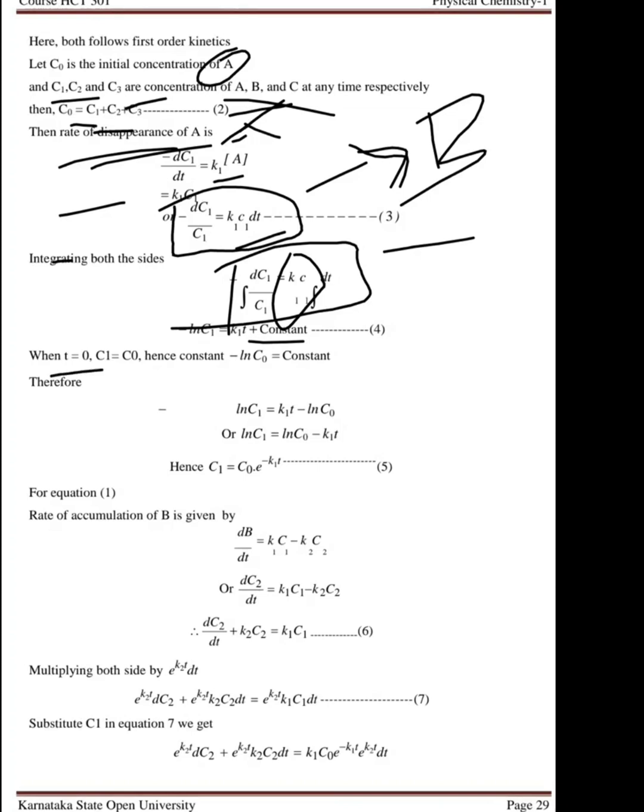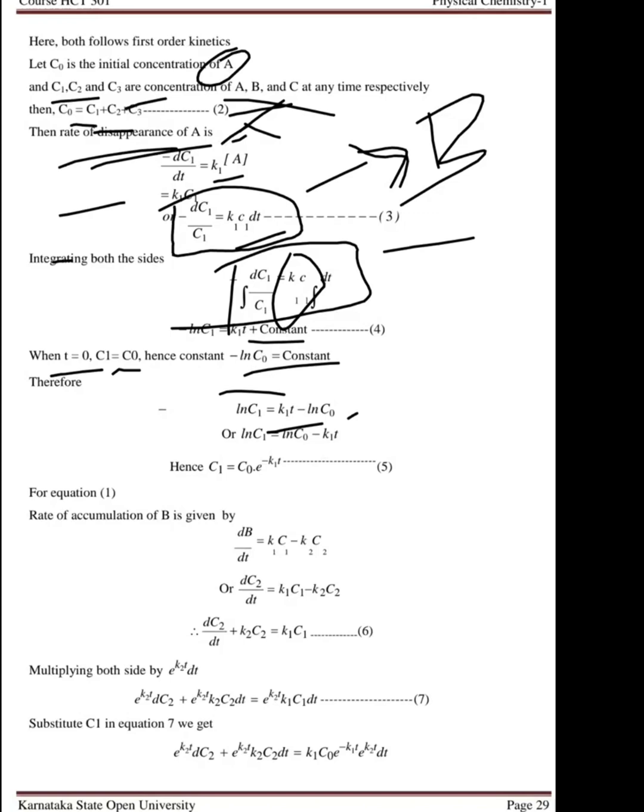When t is equal to 0, C1 is equal to C0, the initial concentration of A. So minus ln of C0 is equal to the constant. Further it can be written as ln of C1 is equal to minus K1 t plus ln of C0.